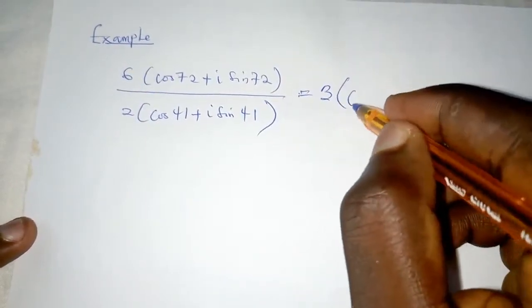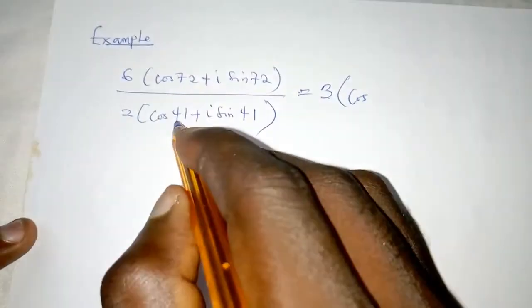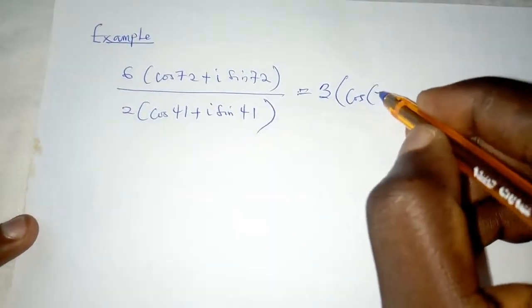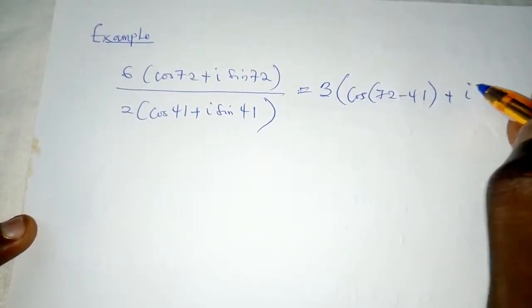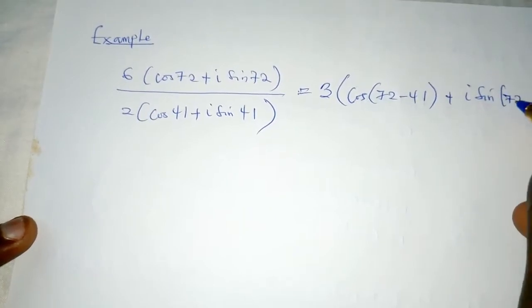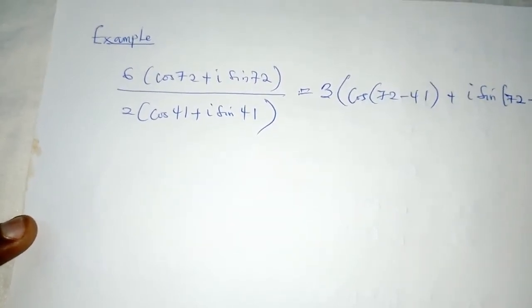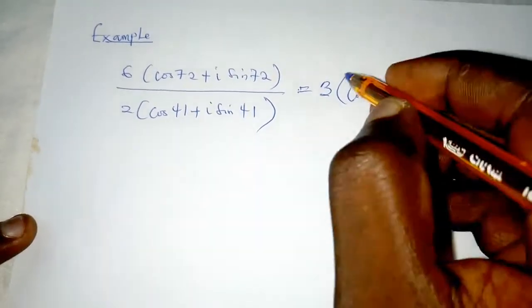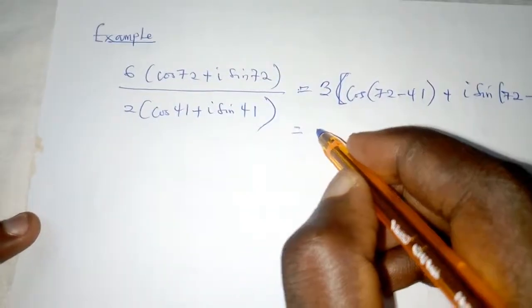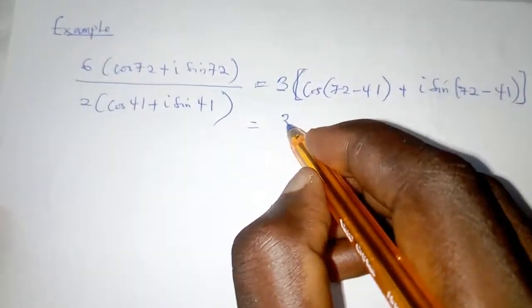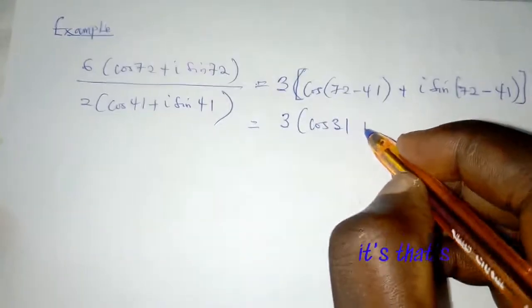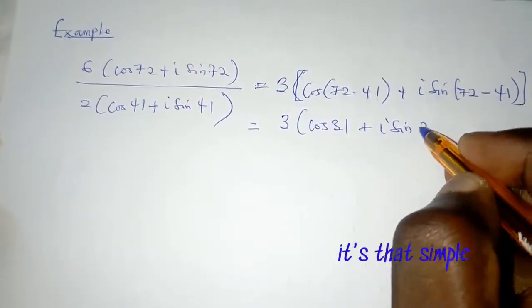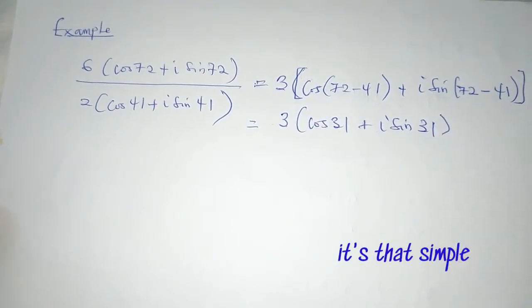Then subtracting the angles, 72 minus 41, for the cosine, and then i sine also 72 minus 41. What we actually get is 3 multiplying cos of 31 plus i sine of 31.